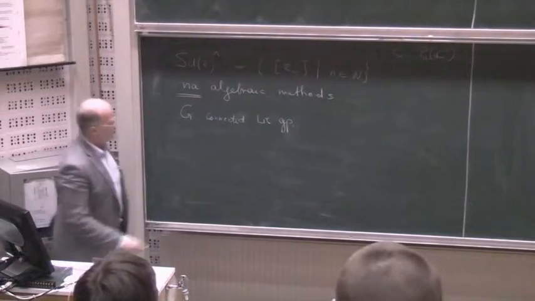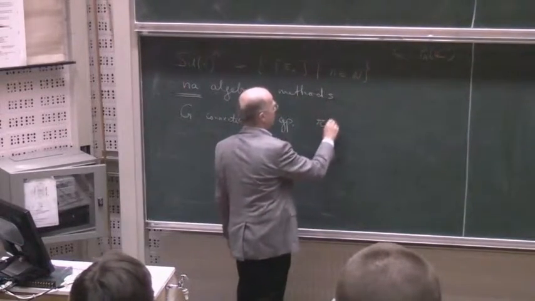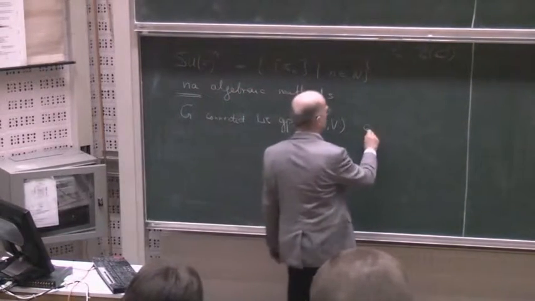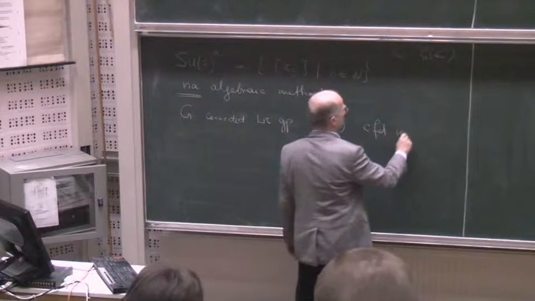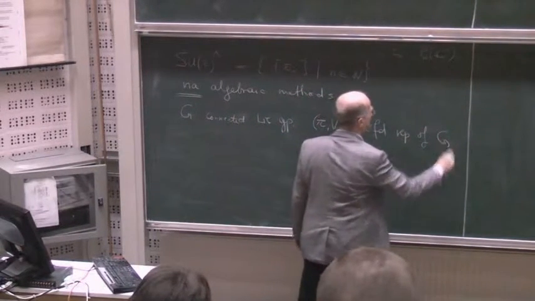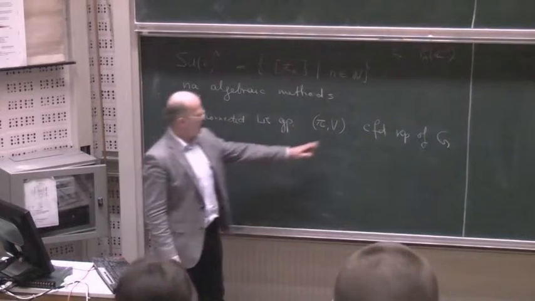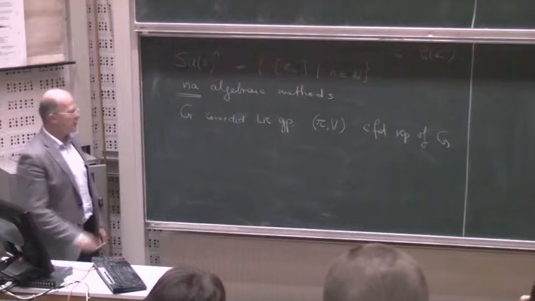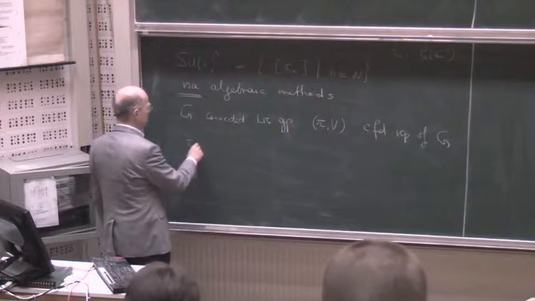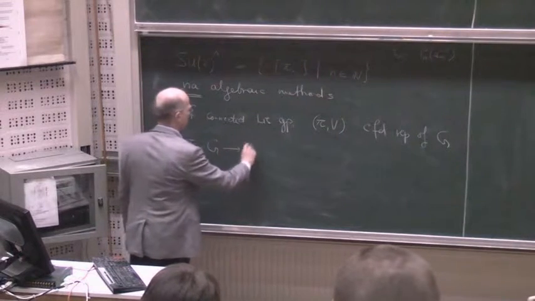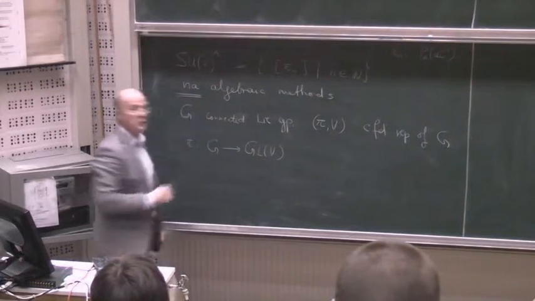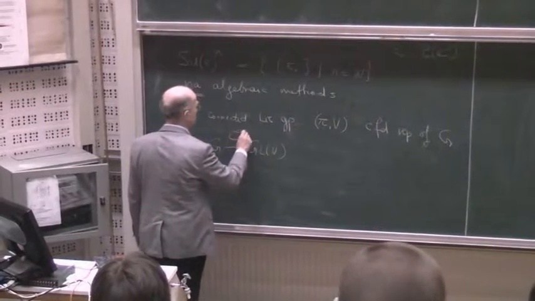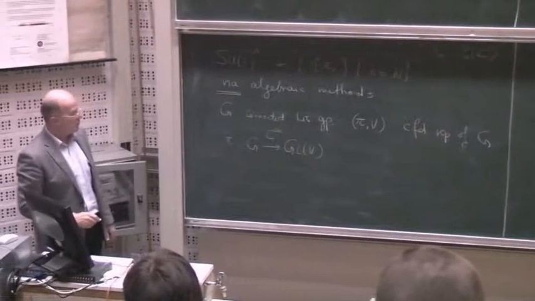And suppose that we have a continuous finite dimensional representation of the group G. So V is a complex vector space and pi is a continuous homomorphism from G to the general linear group of V. This is a continuous homomorphism, and therefore it's automatically smooth, because continuous homomorphisms between Lie groups are smooth.